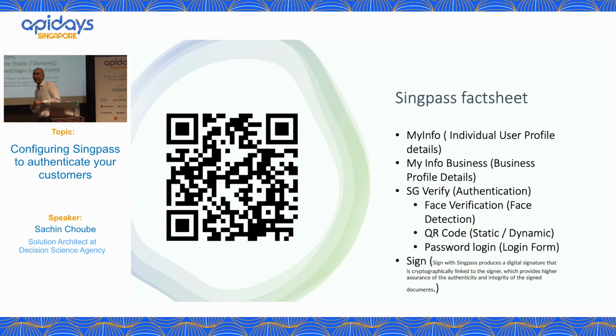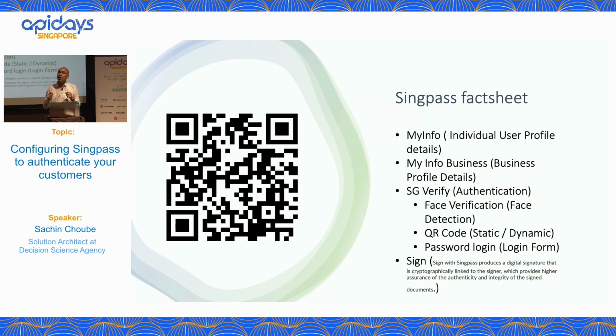This is the SingPass fact sheet. If you want to know any new feature of SingPass, you should have this QR code and the fact sheet. From that fact sheet, I will take a few bullet points. The first is MyInfo. MyInfo is the national digital identity, to be very precise.